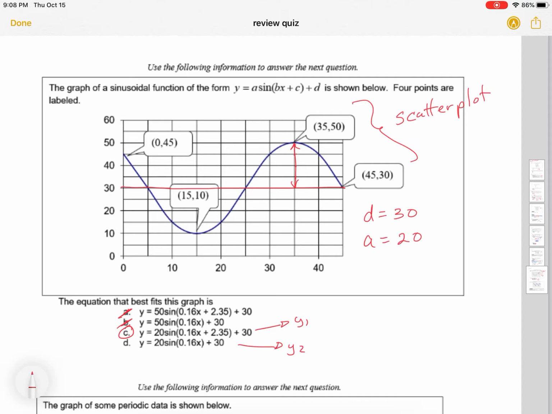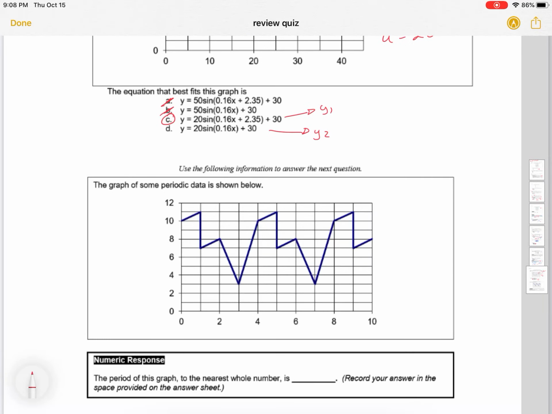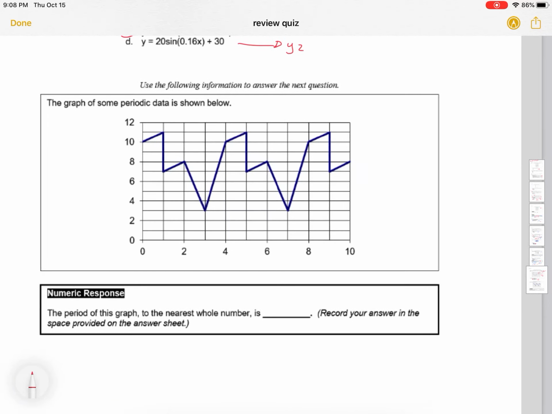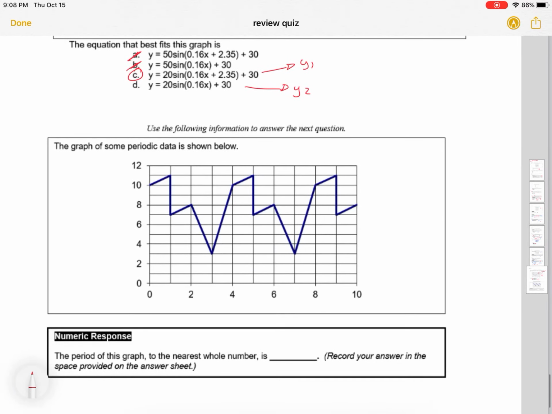You could just put in one line and then test those points by putting in the x values and seeing if all 4 of those points are on by trying 0, 15, 35, and 45. And then putting in the other one and testing it. Basically just ruling out, using your technology to help you. Okay, you can always use your graph, your graphing calculator.